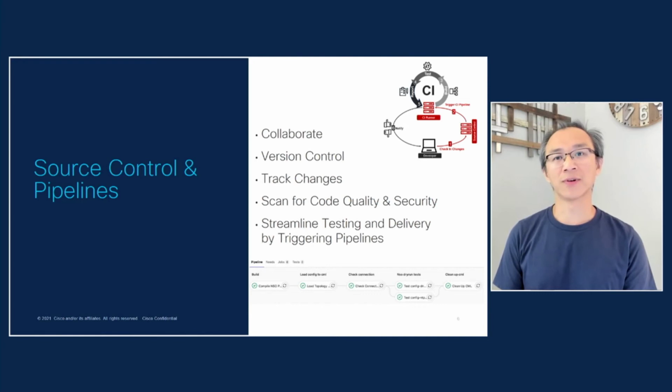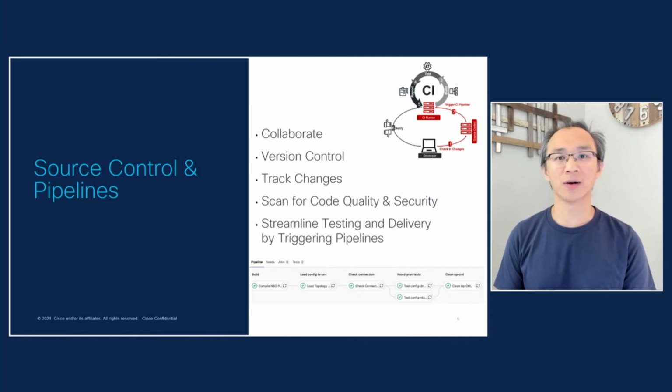Yeah, we just finished our demo. I want to give a quick recap of each stage and the properties that we were looking for in different stages in the CI pipelines. So the first thing is the source control and pipelines. We want to have source control systems.